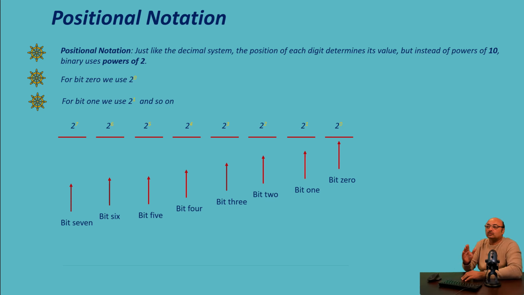So do remember this. The base is 2 because it is binary, and binary has two numbers. The bit counting starts from position 0 on the rightmost, which has 2 to power 0, and as we move left, the power of 2 changes to 1, 2, 3, 4 and up to 7. So bit number 7 has 2 raised to power 7, and bit number 5 has 2 raised to power 5. So this can be easily correlated.